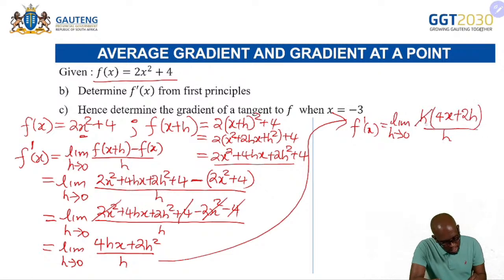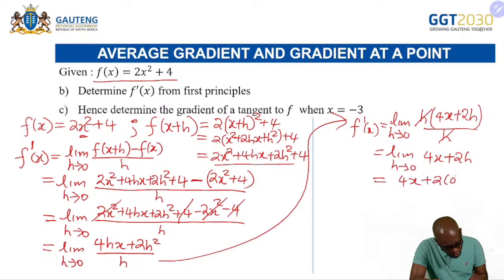Now the h and h would divide out. I will have that this is the limit as h tends to 0 of what? 4x plus 2h. Now h tends to 0, I'll get 4x plus 2 into 0. This is given by what?